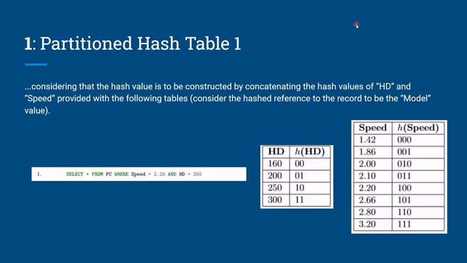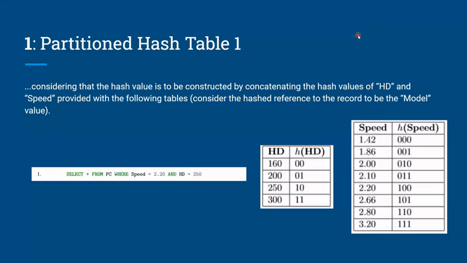And here we've got the map as follows in the relation provided in the table. Then we would like to consider the hashed reference to the record to be the model value. So the model value would be in some sense like the pointer to the actual record. Afterwards, we will be solving this first query.